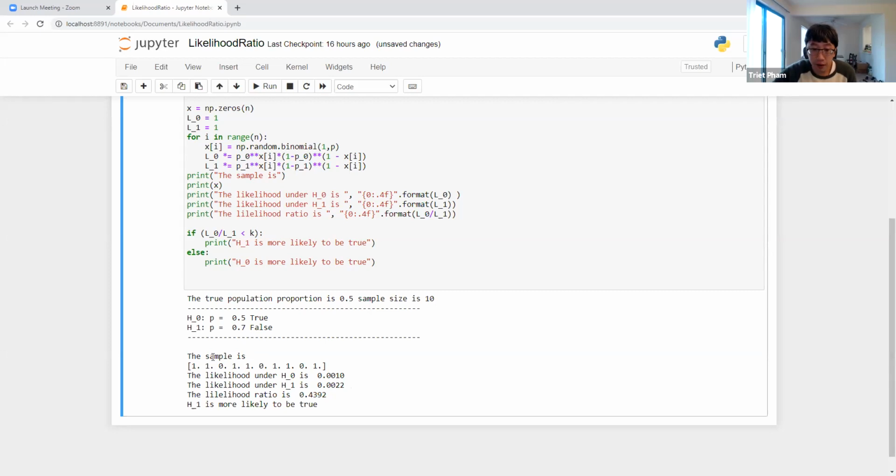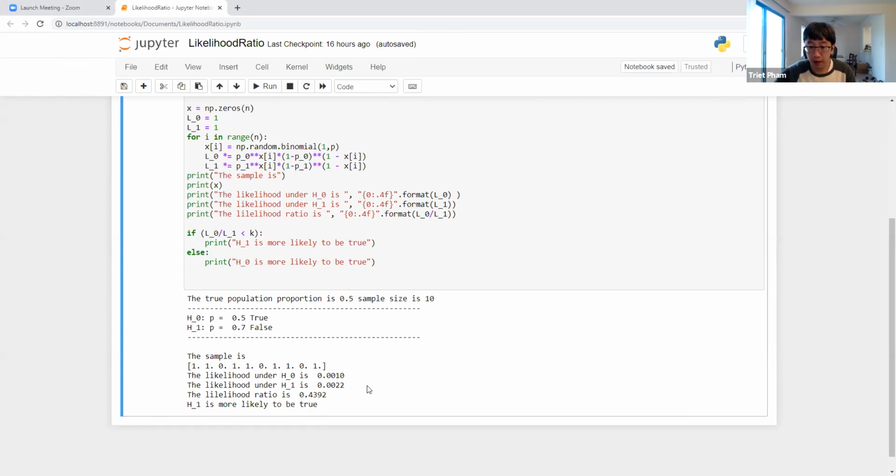But the evidence with 7 heads points to the alternative being true. So here we make an error. What type of error is this? Type 1 or type 2? What kind of error are we making? Yep, type 1. We're making a type 1 error.